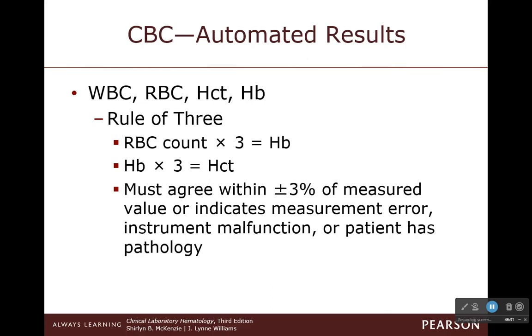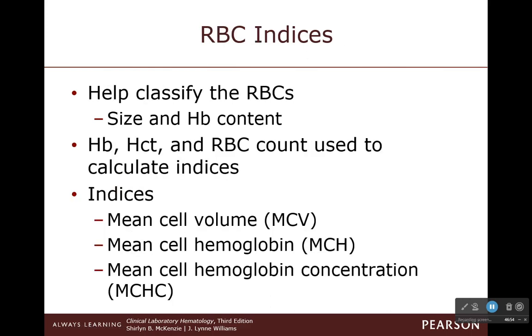Technically, the RBC times 3 should equal the hemoglobin, but this one's the big one right here, plus or minus 3. And you'll learn in your head how to do things by 3 really quick as you do it. Questions about that, guys?